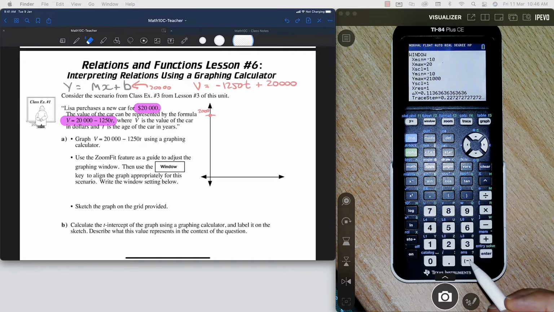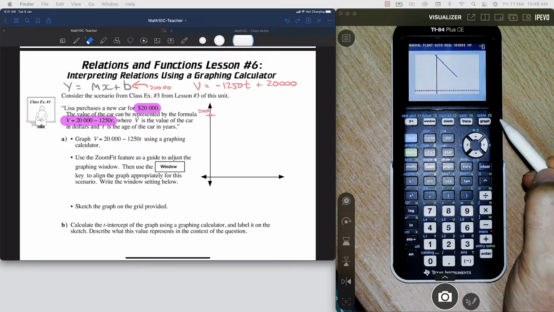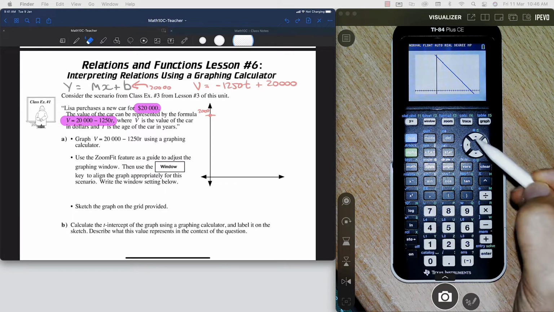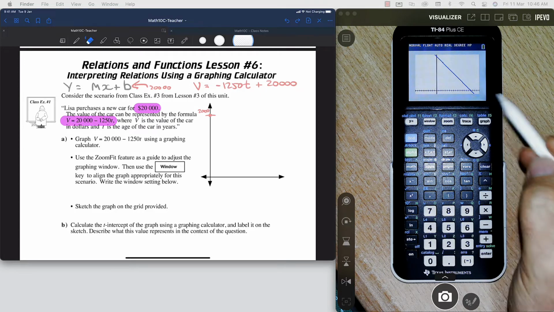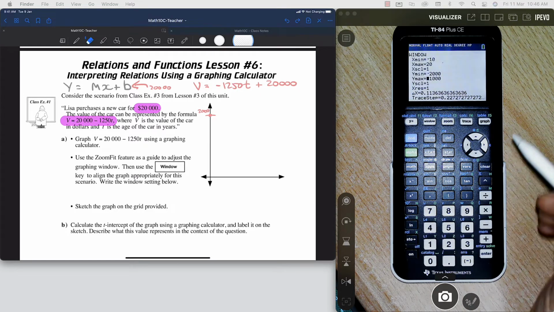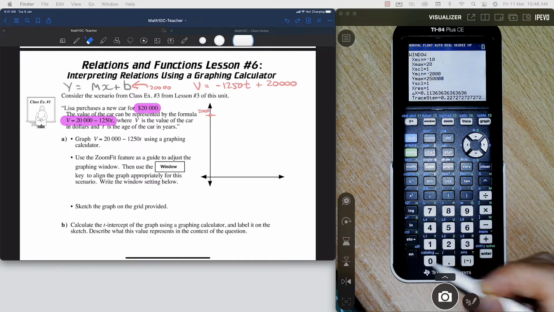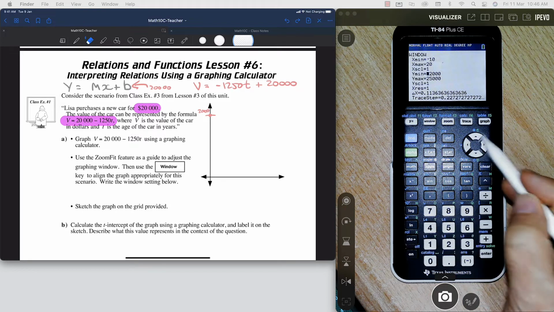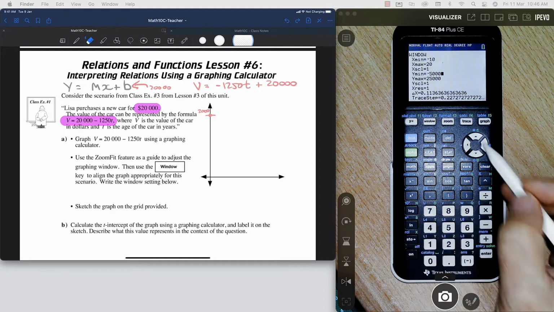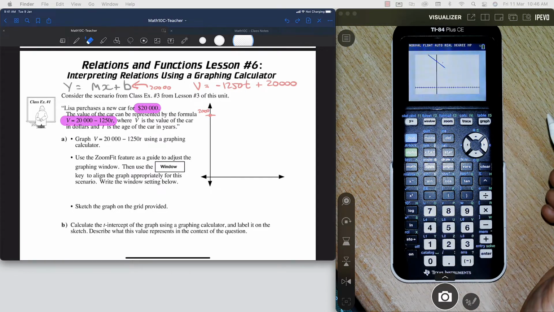So maybe I'll put negative 2,000, graph that again. That gives us a little more room down here to do some work. And on my Y max, instead of 21,000, maybe I'll put 25,000. I could even change the x minimum to negative 5,000. Gives a little bit more space. That looks pretty good right there.